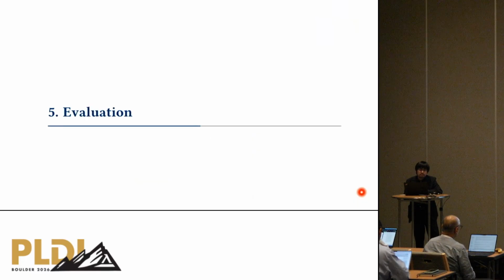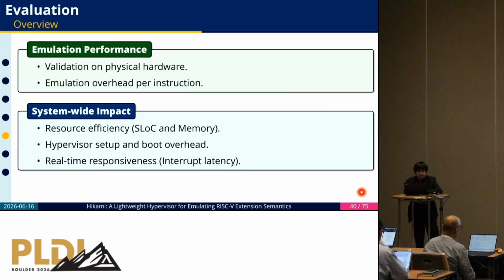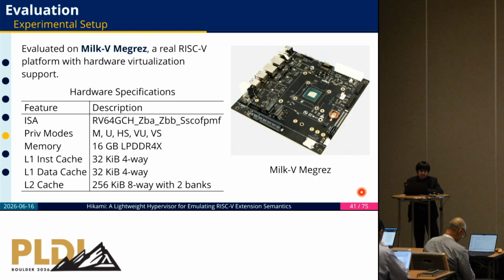Now let's look at the evaluation. We evaluated Hikami from 2 perspectives: emulation performance on physical hardware and overall impact on the system, including resource efficiency and real-time responsiveness. Experiments were conducted on the Milk-V Megrez, a real RISC-V platform supporting the hypervisor extension.